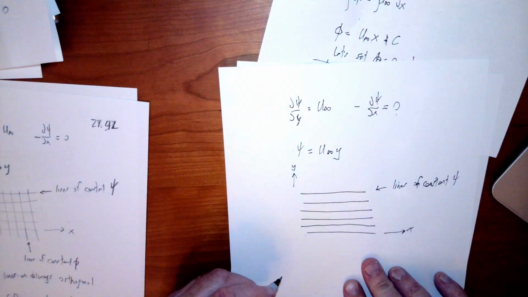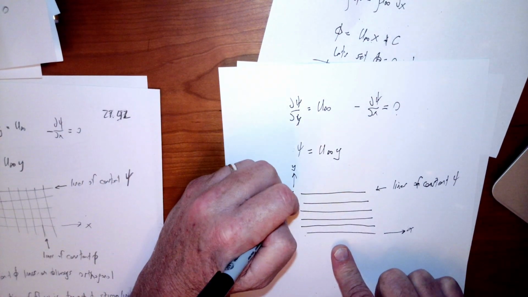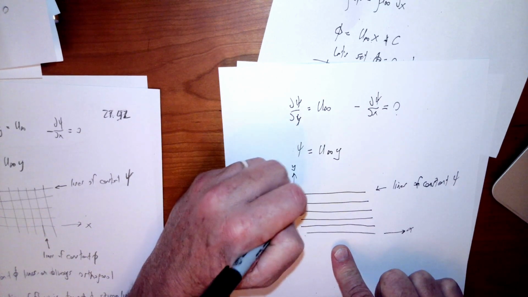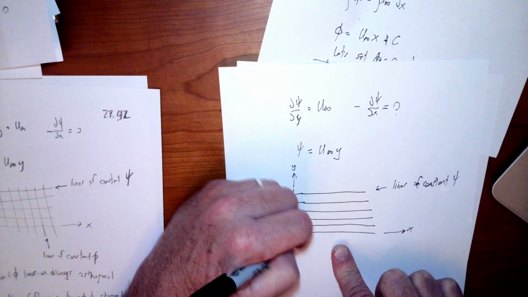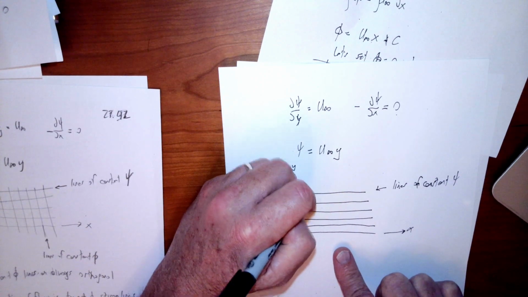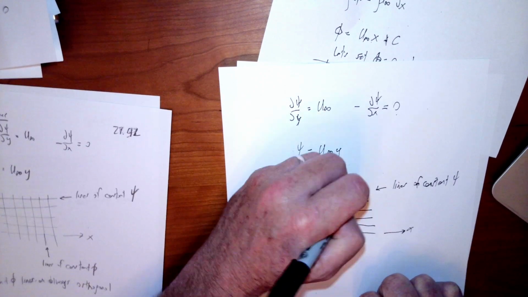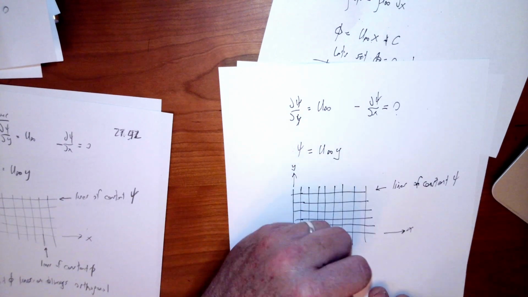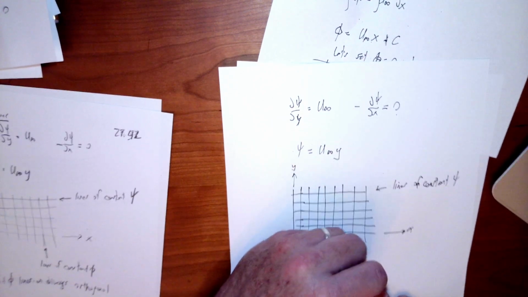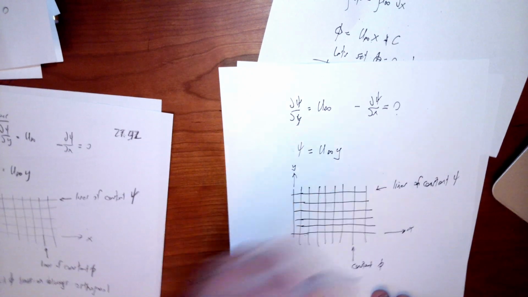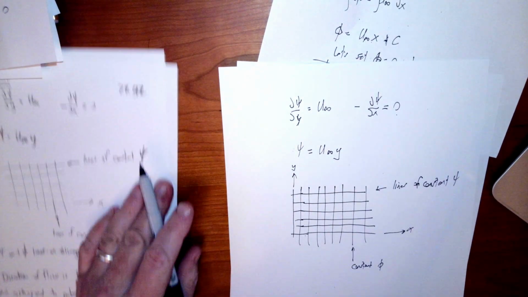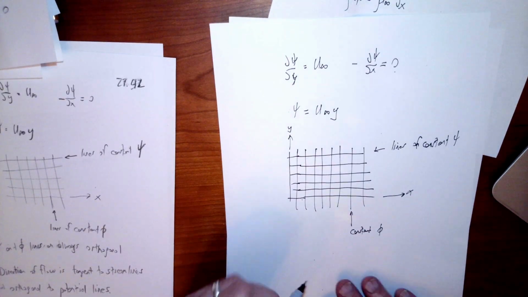And lines of constant phi, well, it's kind of the same. It's 0 at x equals 0. And then it goes up linearly as x increases. So it's going to go like this. Those are lines of constant phi. So you see that they are perpendicular to each other. And they are always perpendicular to each other.